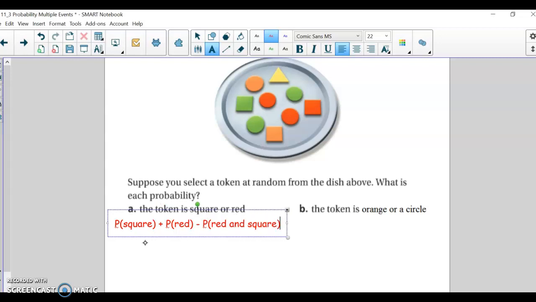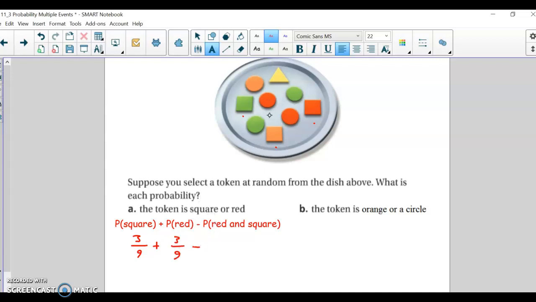If we look at this visually, the squares, there are 1, 2, 3 squares. So the probability you get a square is 3 out of 9 shapes total. Red ones, there are 1, 2, 3, so 3 out of 9 again.